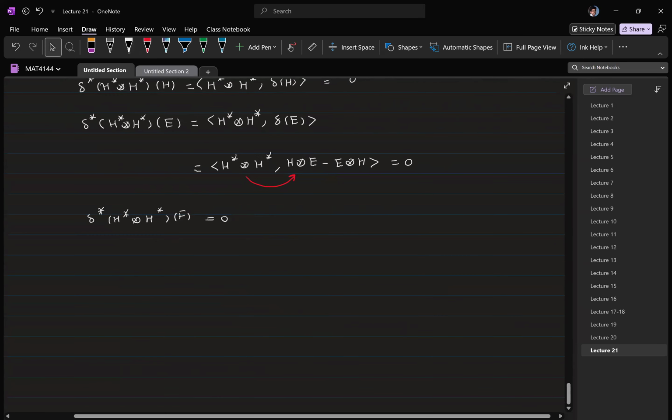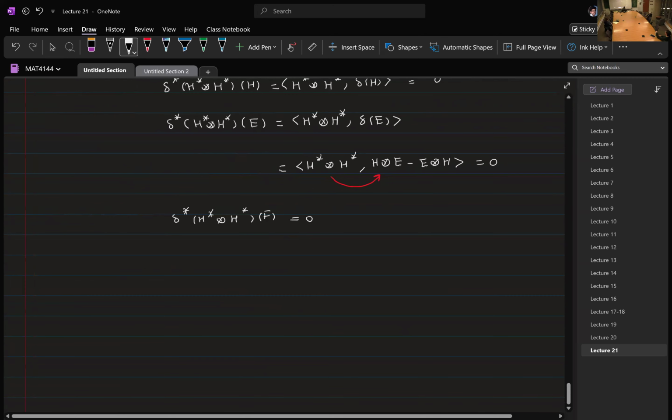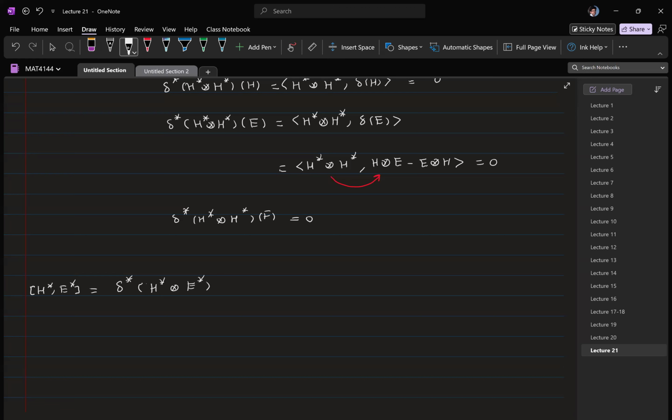But it becomes more interesting if we wanted to do something else. Maybe we do delta star of H star, E star. This really should be the bracket of H star and E star. Okay, so now what is its value? I'll just do its value at E and leave the rest to you in some assignment question.